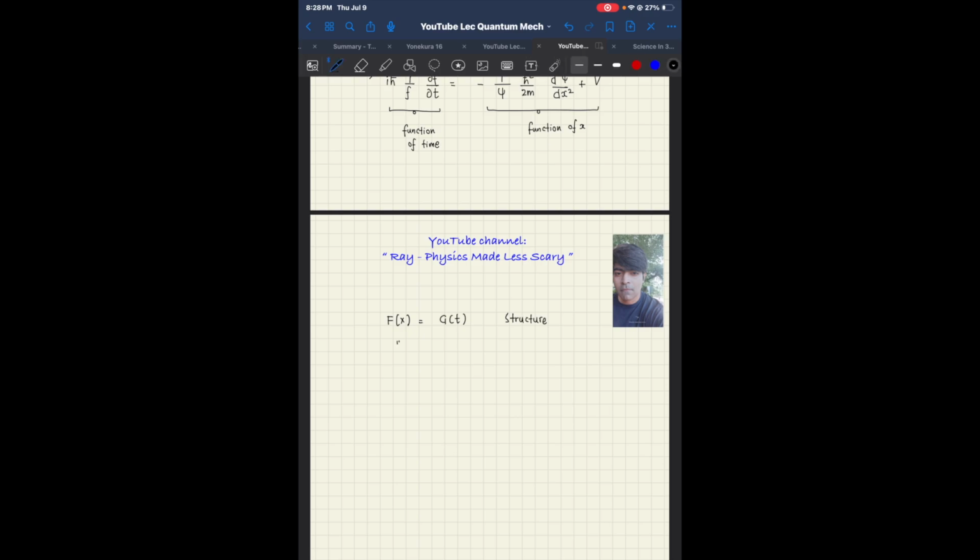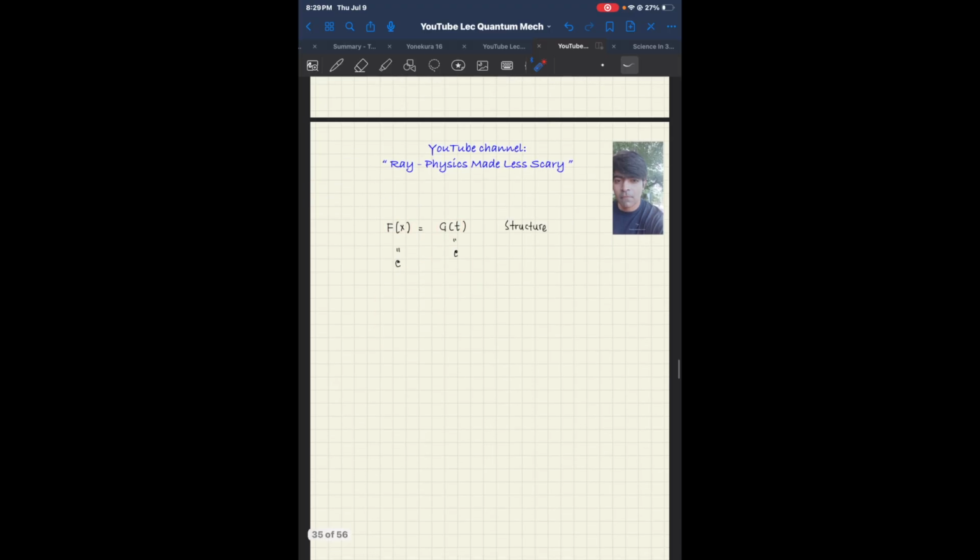So this has to be some constant, and this has to be some constant. Otherwise, this equation cannot hold. And that's the beauty of the separation of variables: individually, each of the left-hand side and right-hand side has to be a constant. Great. So that's the beauty of it.